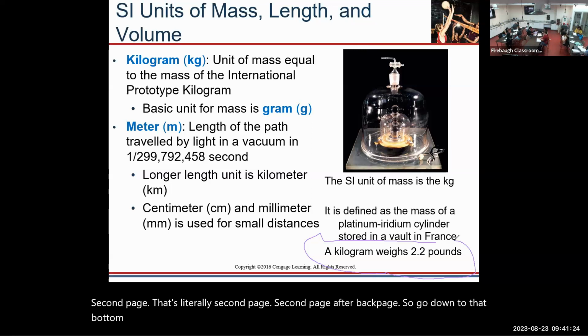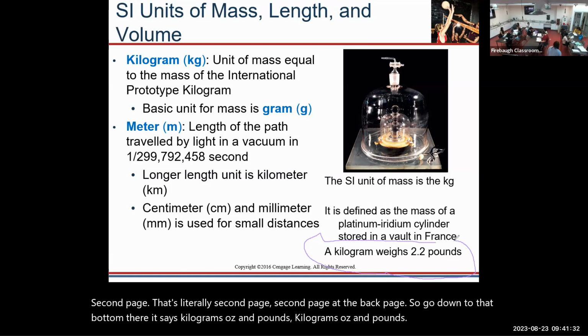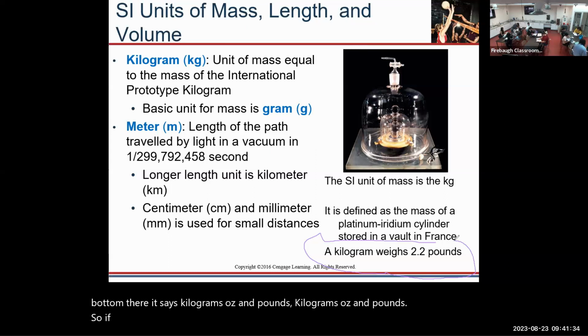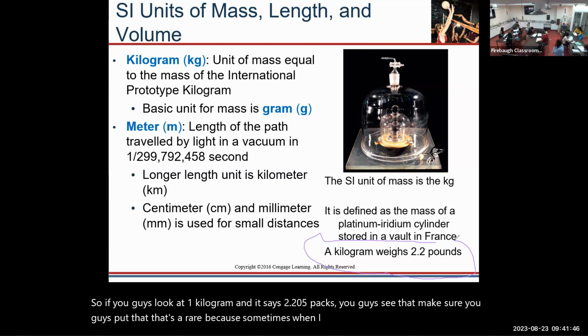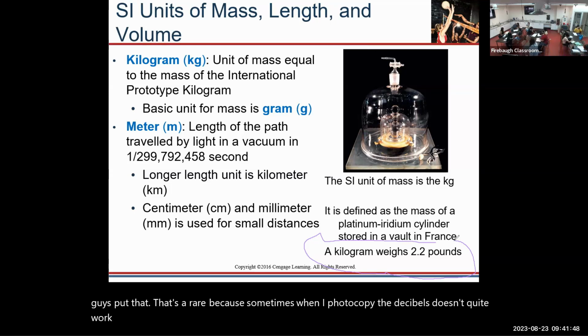There it says kilograms, ounces, and pounds. If you look at 1 kilogram, it says 2.205 pounds. You see that? Make sure you put that decimal there, because sometimes when I photocopy, the decimal doesn't quite work out the way it's supposed to.